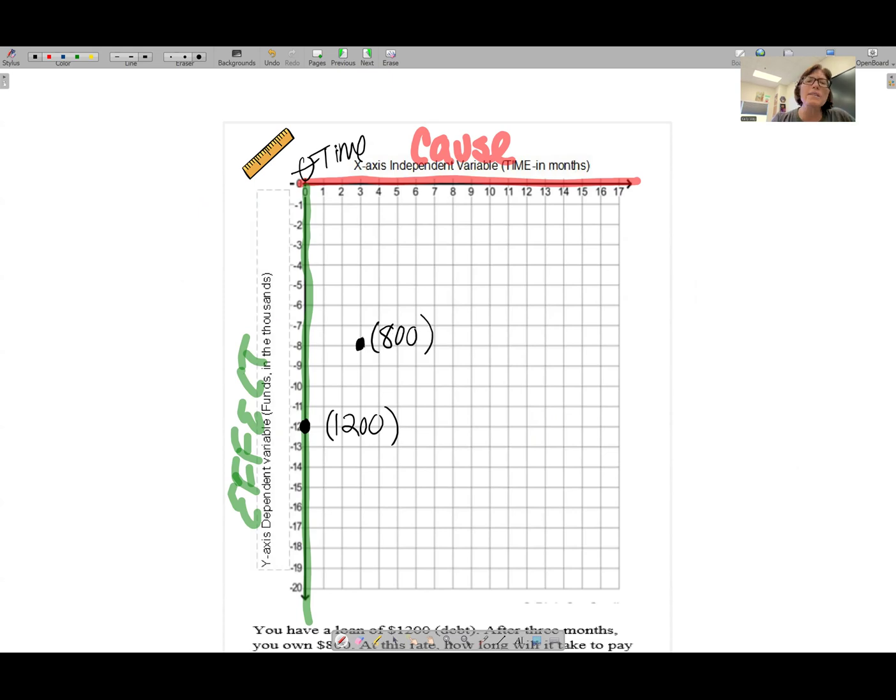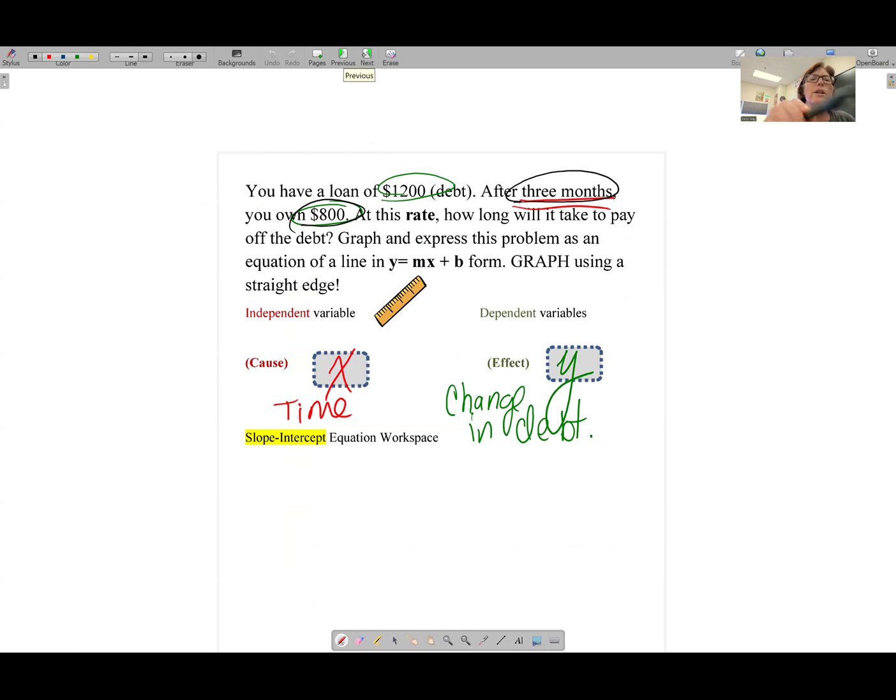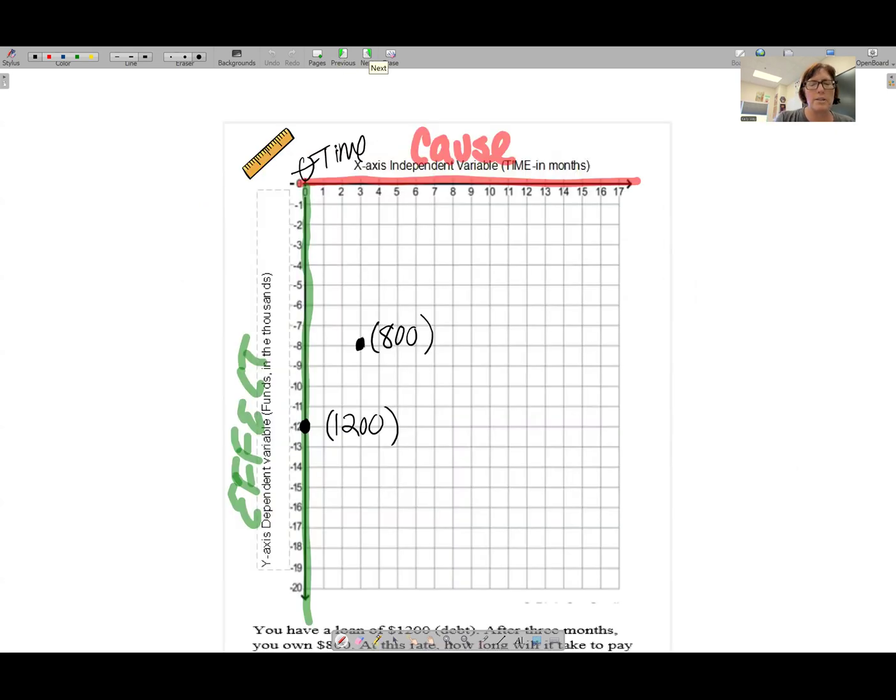And what it's asking is, at what point will you hit 0 debt? And 0 debt would be represented by our baseline. When does this line cross the x-axis? Because that's our time factor. So there's 2 ways we're going to do this.